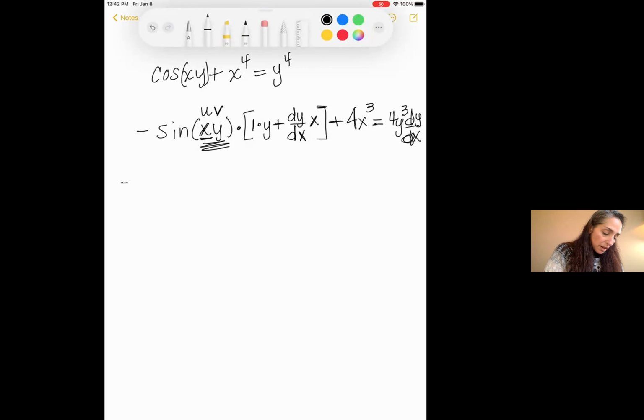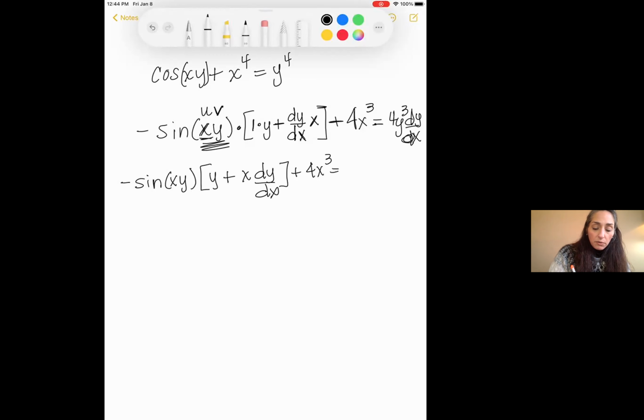So this is messy. Let me see if I can write this better. Okay, I've been trying to fix this, and hopefully I can make this better now. So negative sine xy times y, plus x dy over dx, plus 4x cubed equals 4y cubed dy over dx.